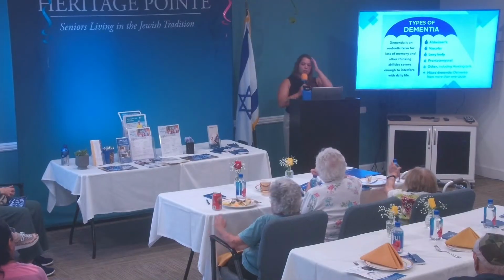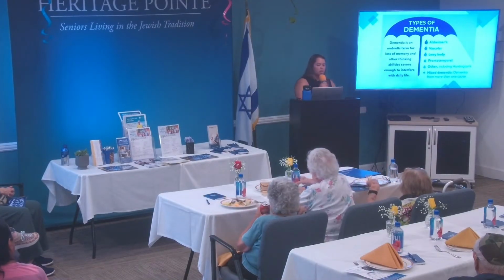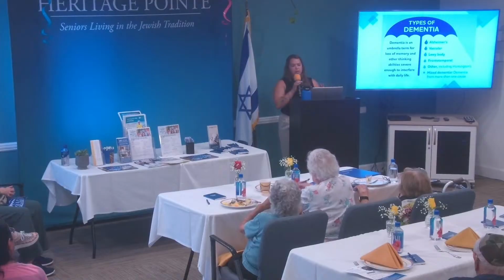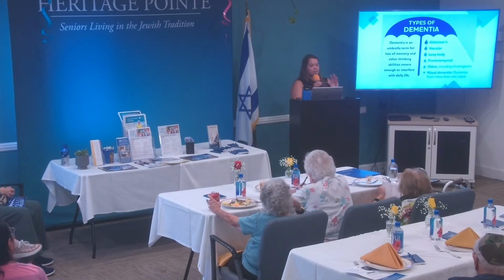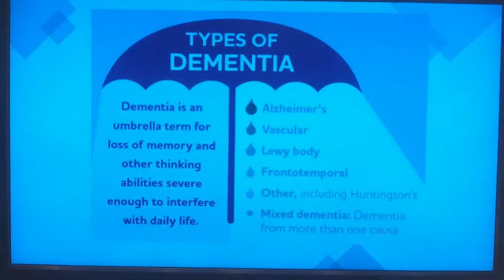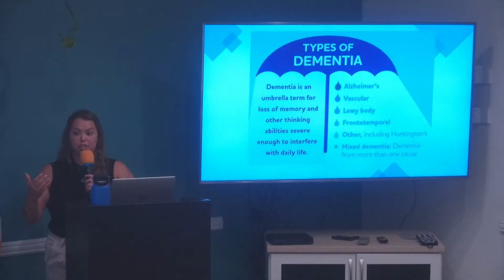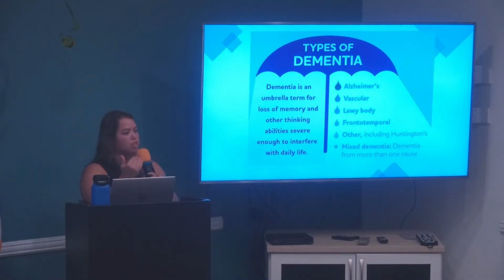All right, so we're going to discuss what dementia is. Dementia is an umbrella term. It is a term about loss of memory and other thinking abilities that interfere with daily living. Under that umbrella are various ways you can develop dementia. These are where you see those neurodegenerative diseases.